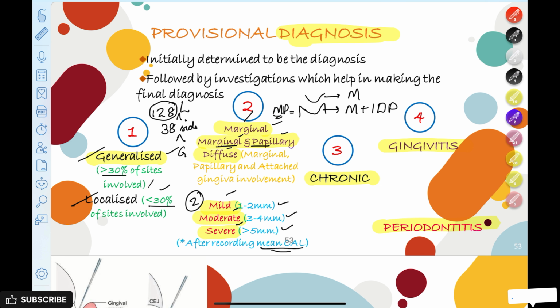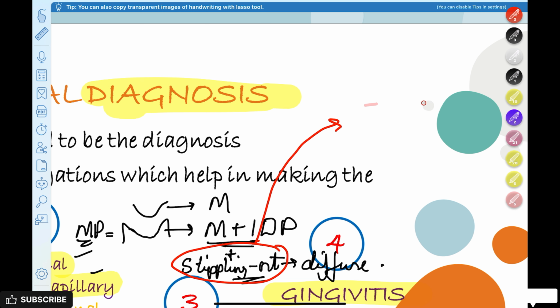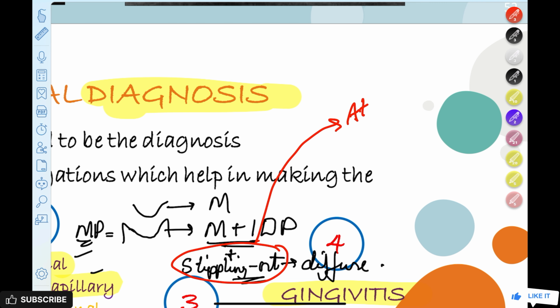And if along with marginal plus interdental papilla there is loss of stippling, stippling is absent, we will say it is diffuse. Why? Because stippling is only seen in the case of attached gingiva.